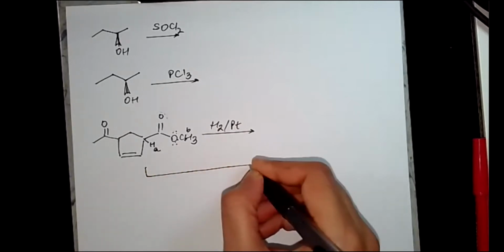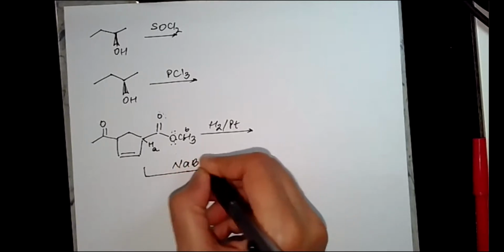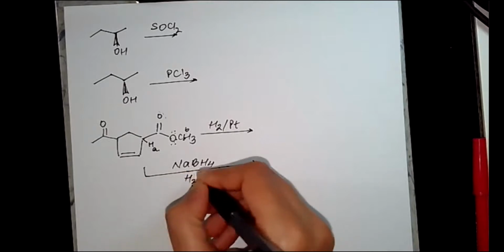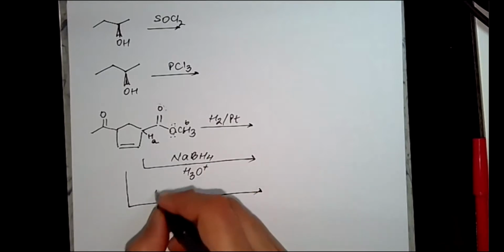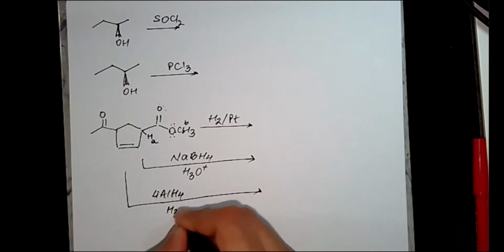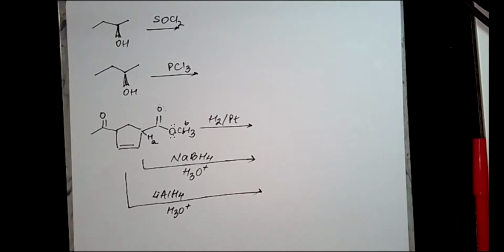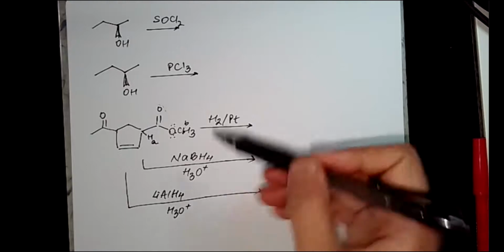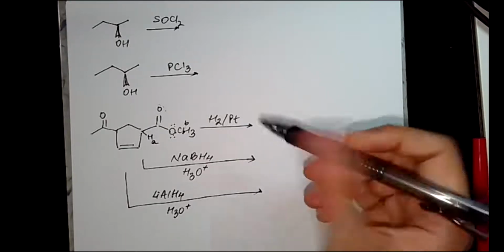From the same structure, what if I use sodium borohydride followed by acidic solution? And what would be the product if I use lithium aluminum hydride followed by acidic solution?